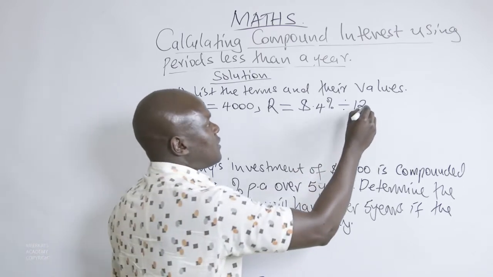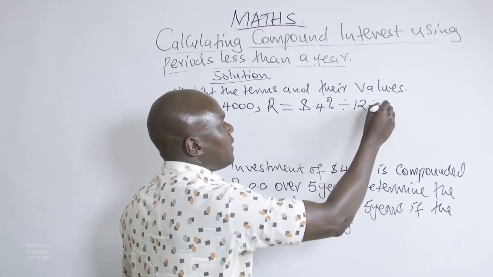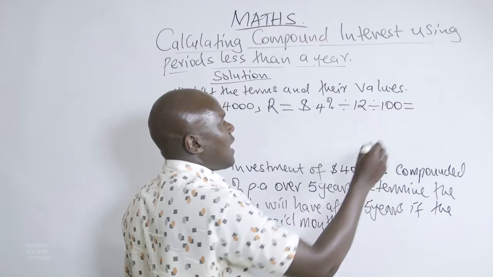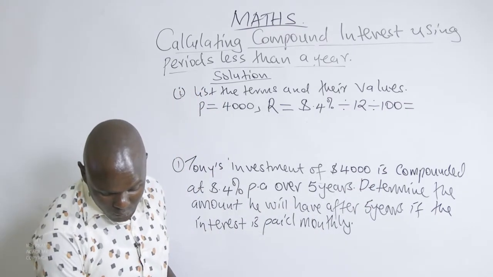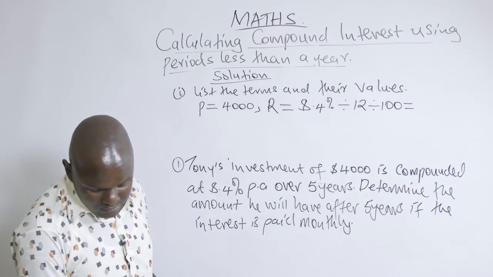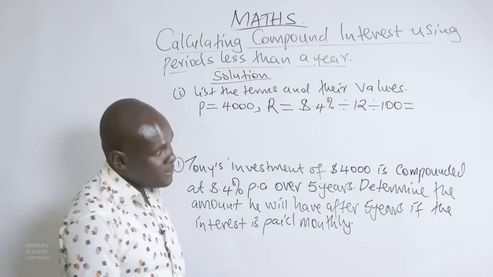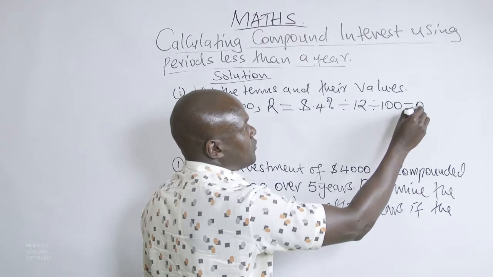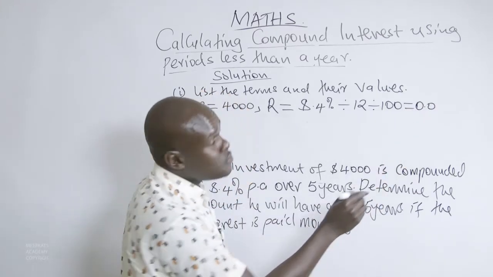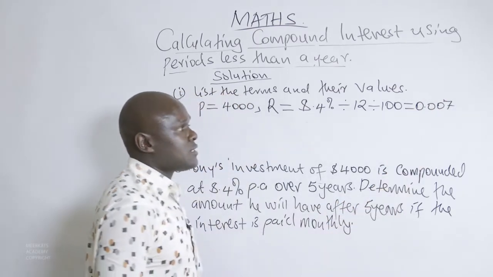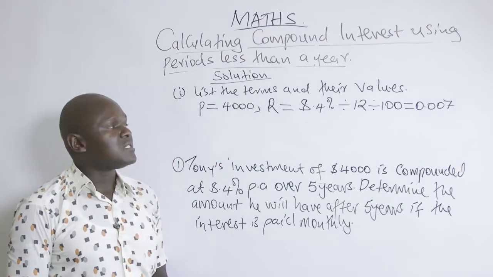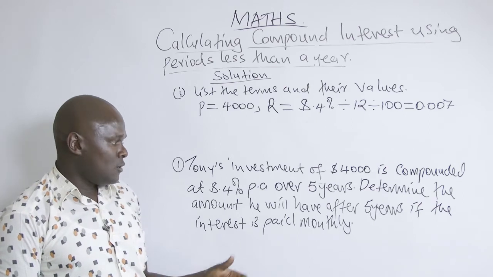Then we divide the same by 100 to get our rates in decimals. And when we do that, we will get 0.007. This is our compound interest rate.